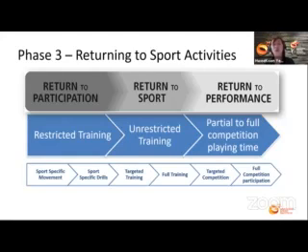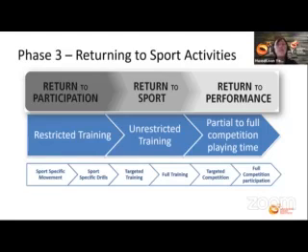And with this, what we're doing is preparing the athletes to return to their sporting activities. Okay, sporting activities will be the sports that they are participating in. We know that different sports activities will have different demands, and this whole rehab program will have to take into consideration the sport-specific activities, right?